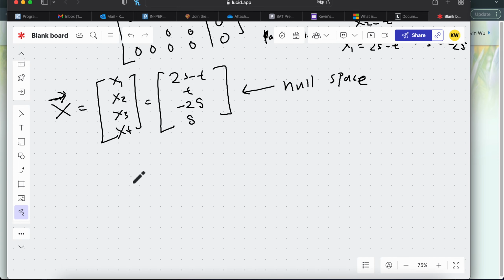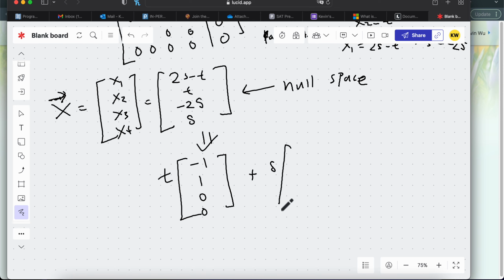So we're almost done. In order to find the vectors that would span the null space, we just simply factor out a t and an s respectively. If we factor out the t, in x1 we have a minus 1, x2 we have a 1, and then 0, 0, because there are no t's in x3 and x4.